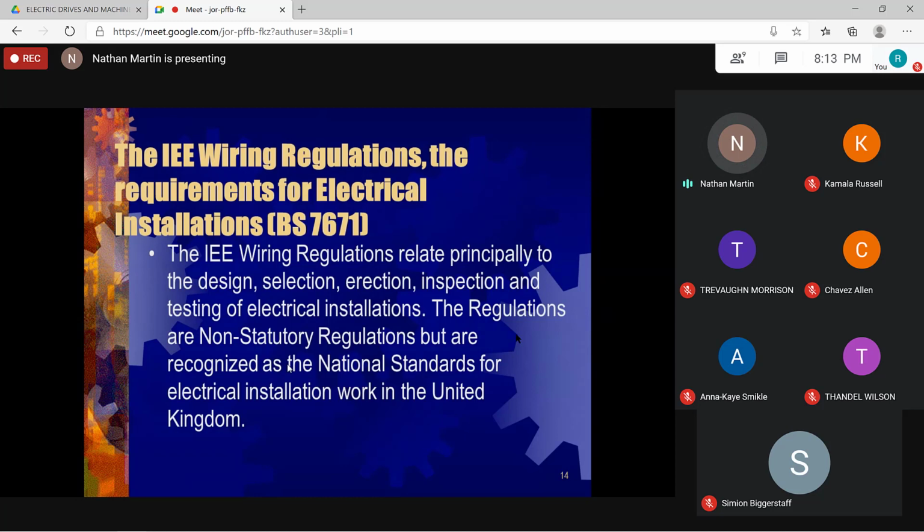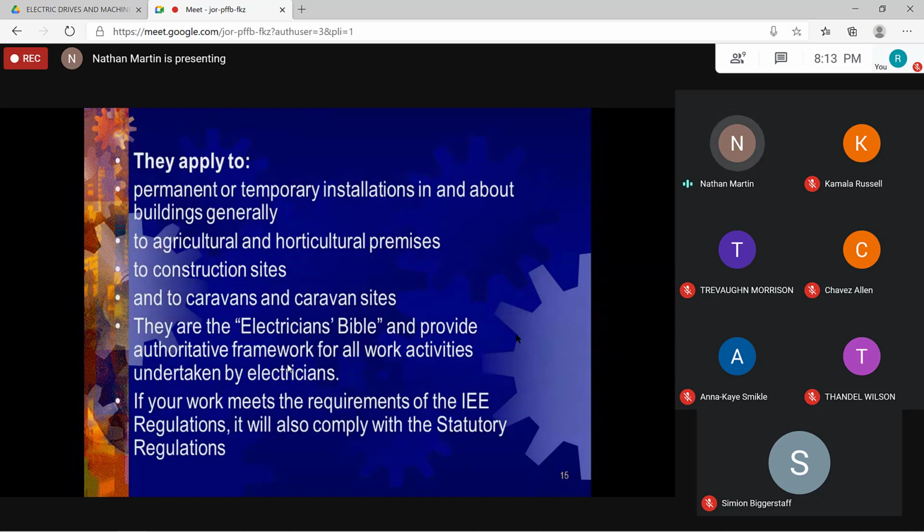All right, so to comply with these types of regulation, we talk about permanent and temporary installation of buildings, such as agricultural and architectural premises, construction sites, caravans, and so forth, right? So we say that these regulations are really considered as the electrician's Bible or the engineer's Bible, right?